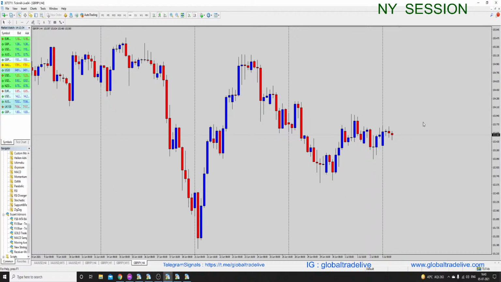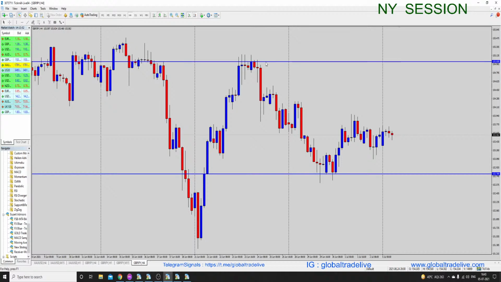Now let's try to read the story GBPJPY wants to tell, right? If I talk about where we are coming from, GBPJPY is coming up from this point, and this was the highest point here. So right now the market is in between these two things, right?